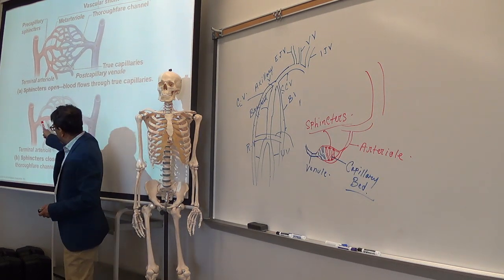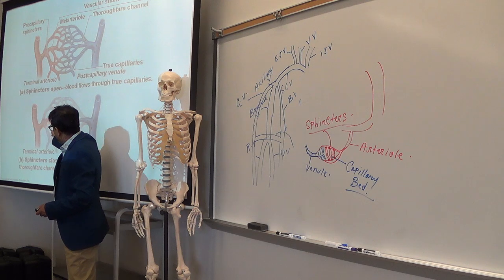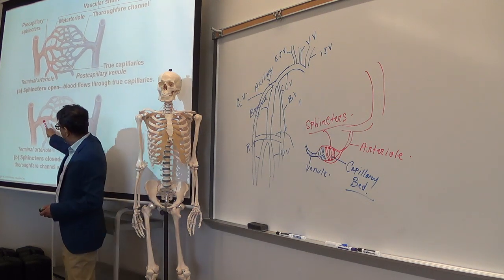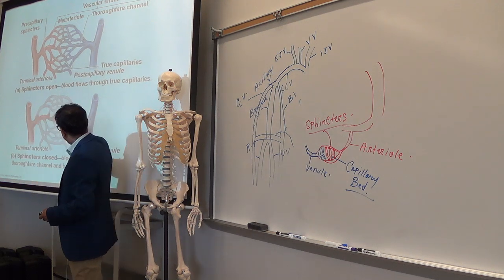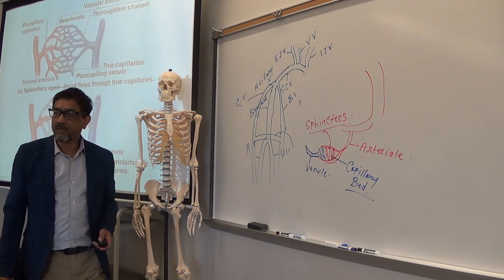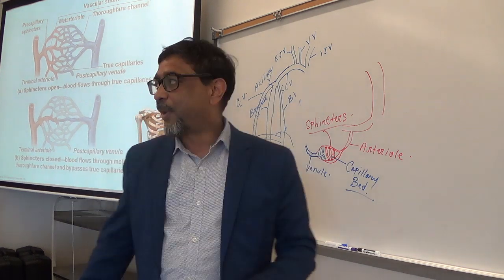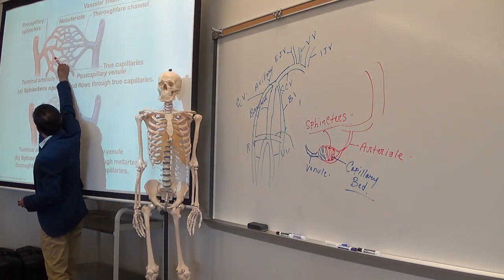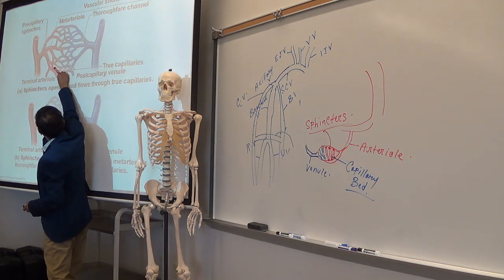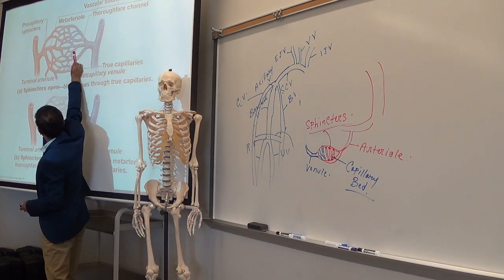Now you see this capillary that takes some blood directly from the arteriole to the venule. Usually in normal condition, most blood will enter into the true capillaries. These are called true capillaries.